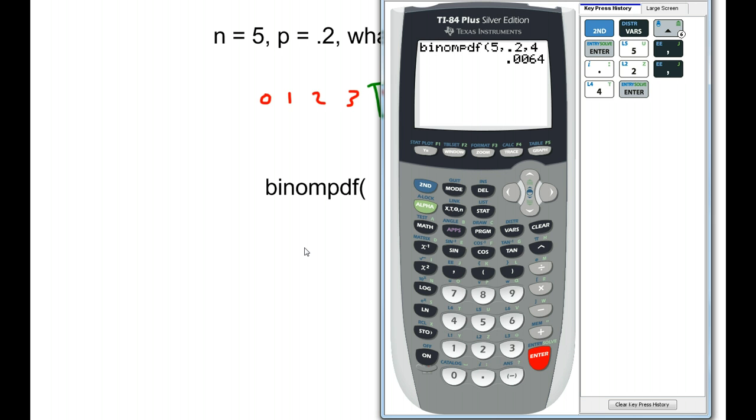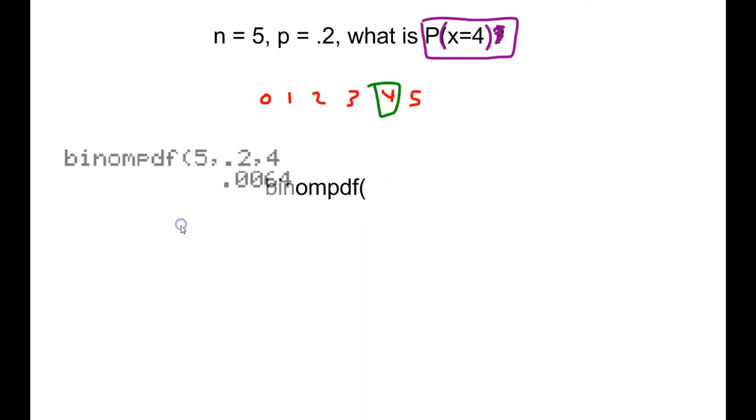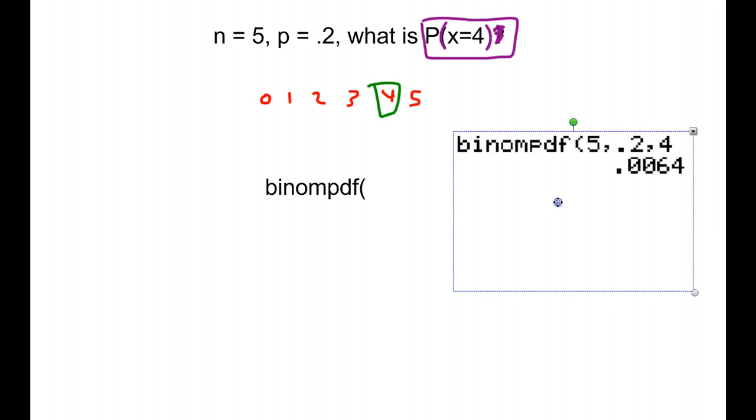And if I do that, 0.0064 is going to be my answer. And what that means is the probability of getting 4 successes in this situation is a little less than 1%, 0.006 probability.